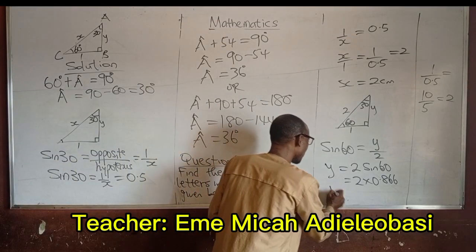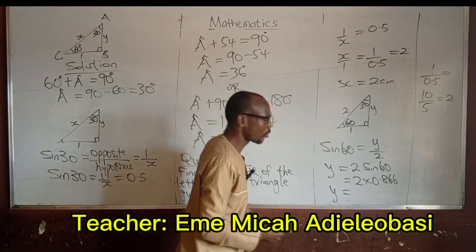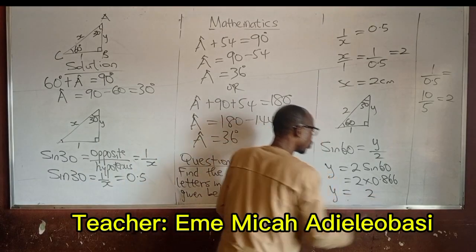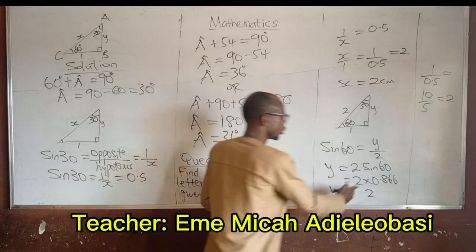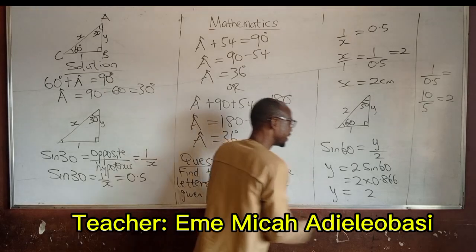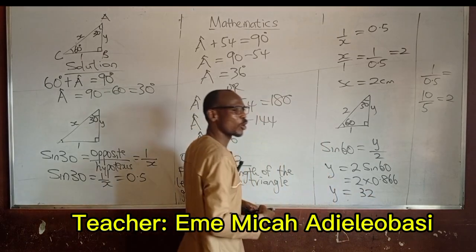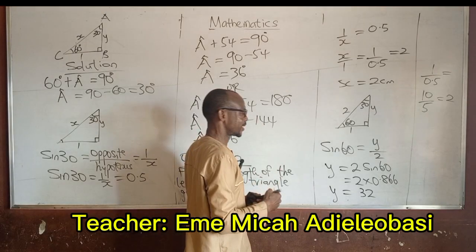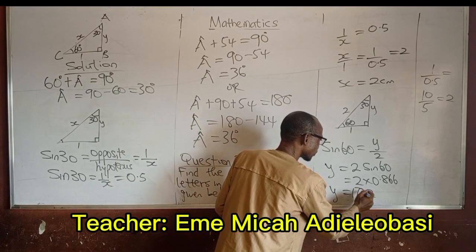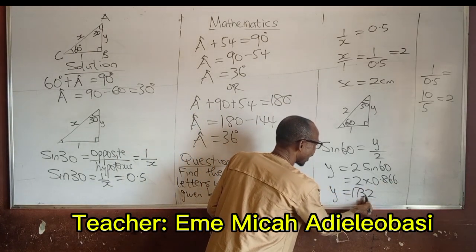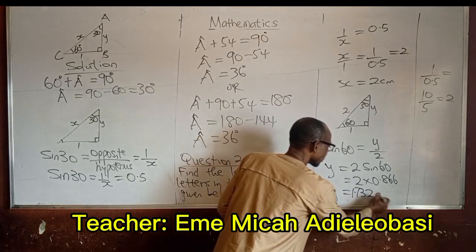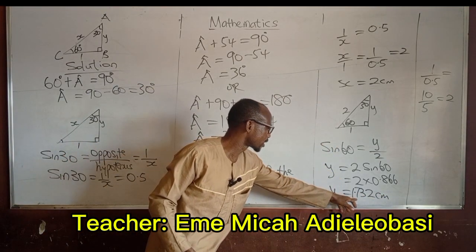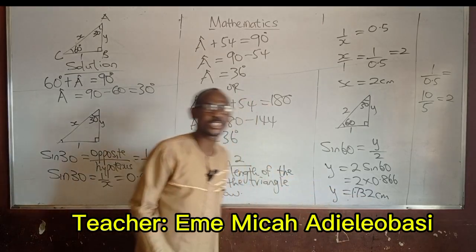So our y will be 2 times 0.866. 2 times 6 gives 12, write 2 carry 1. 2 times 6, 12 plus 1, 13, write 3 carry 1. 2 times 8, 16 plus 1, 17. So our decimal places are 1, 2, 3. This is in cm. So the value of y is 1.732 centimeters.